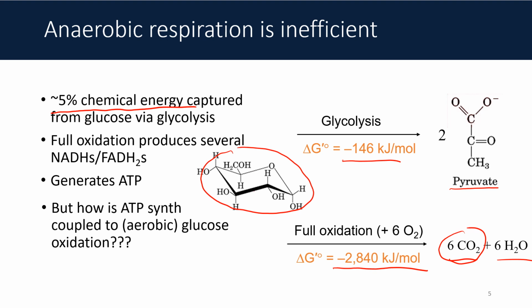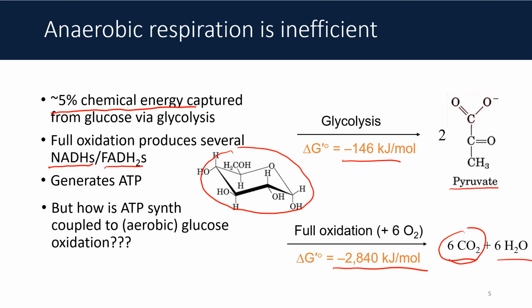And when we extract that energy, we drop it off into our energy carrier currency molecules, namely NADH and FADH2, which we've also been generating in the background throughout this entire respiratory pathway.